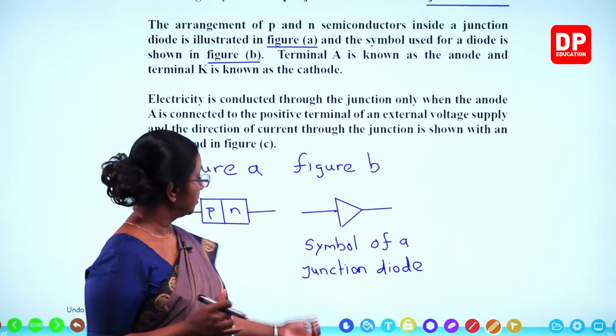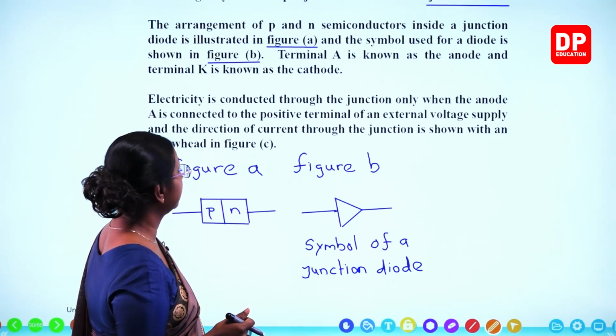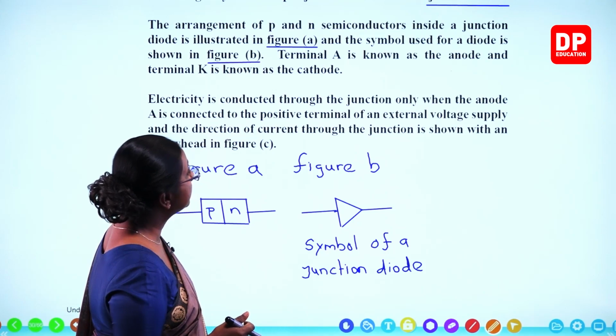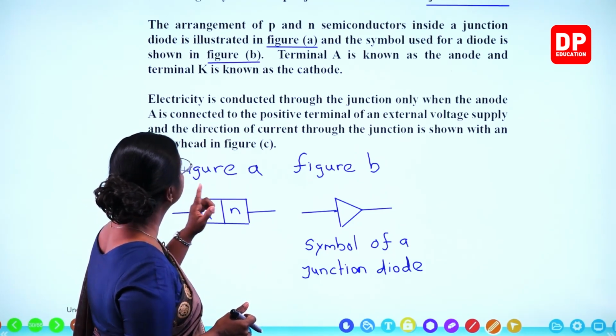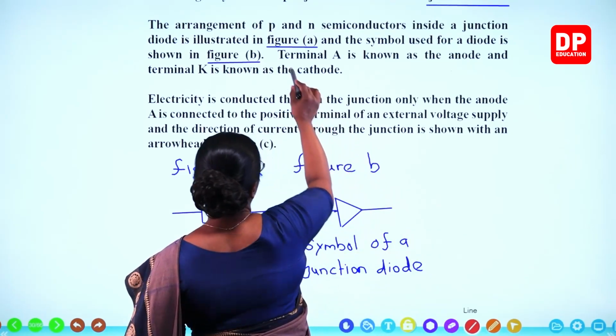Is that clear? So, this is figure A, figure B, and there is a figure C. Terminal A is known as the anode and terminal K is known as the cathode. This is something you all have to know.